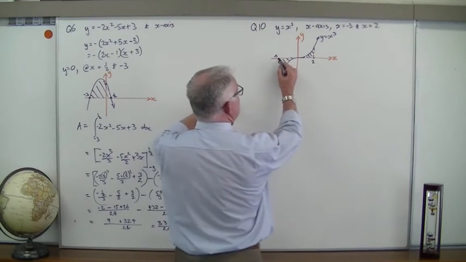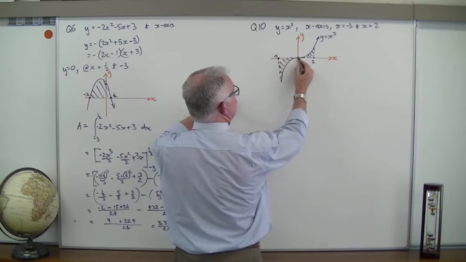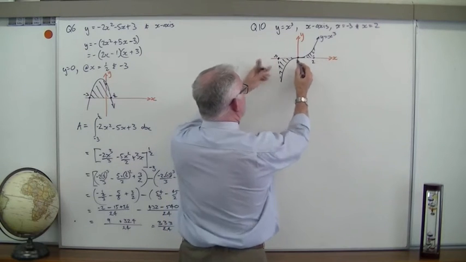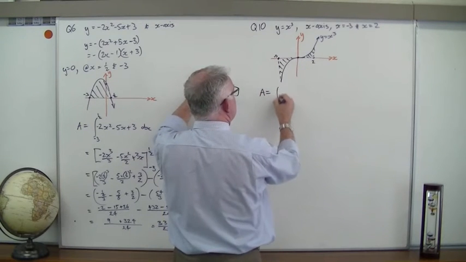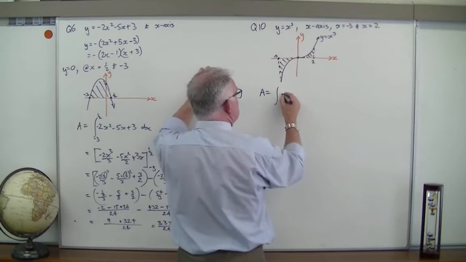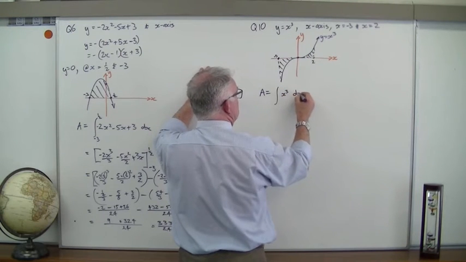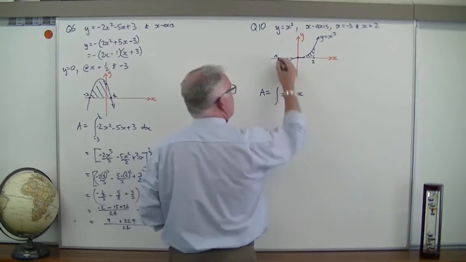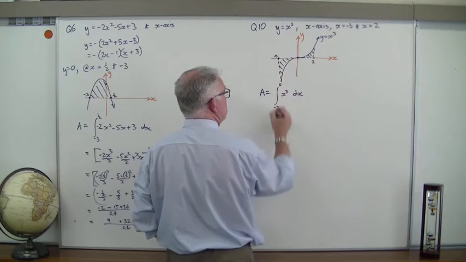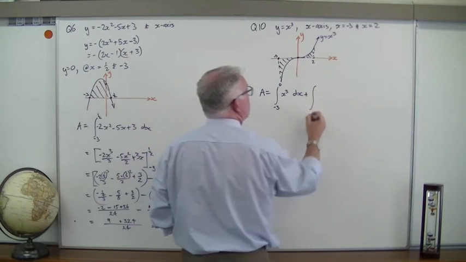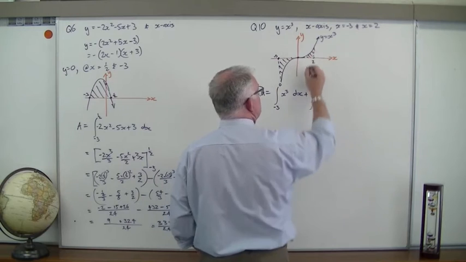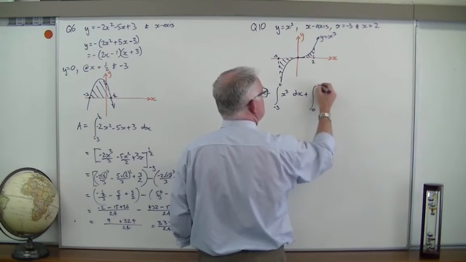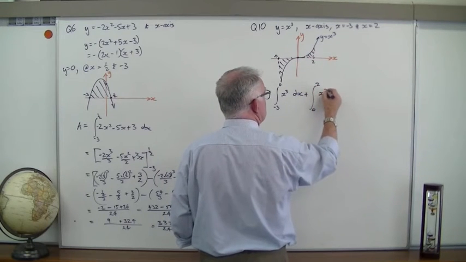Okay, and so we're going to have limits from -3 up to 0. That'll be the first integration. So the area is going to equal this function here, x cubed. We're integrating with respect to x, going from -3 to 0. Then we're going to do the second bit, which is from 0 to 2 for this same function.